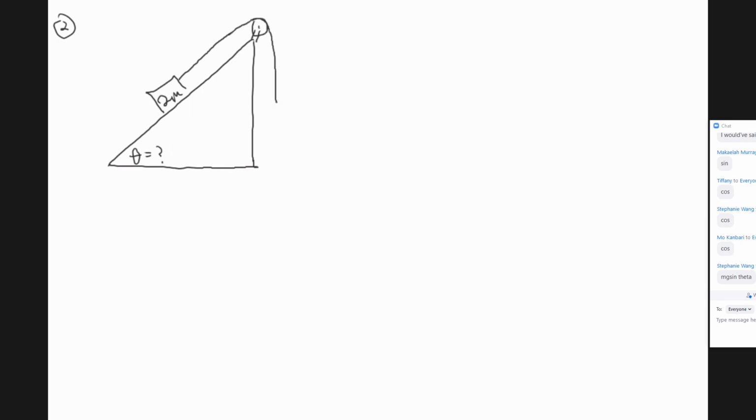It's going over, and at the other end, it's staying stationary with some object of mass m. So I want you to find me this angle so that this whole system is in static equilibrium. So give me a number for that angle.